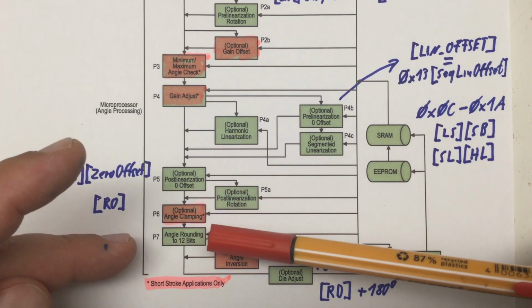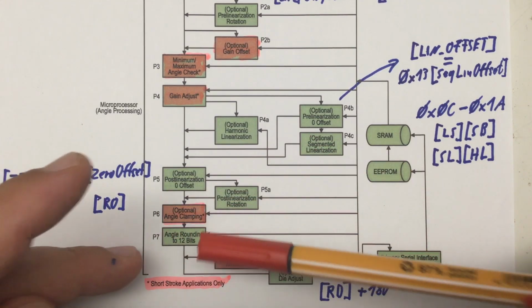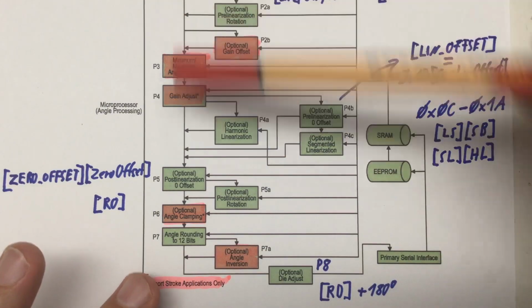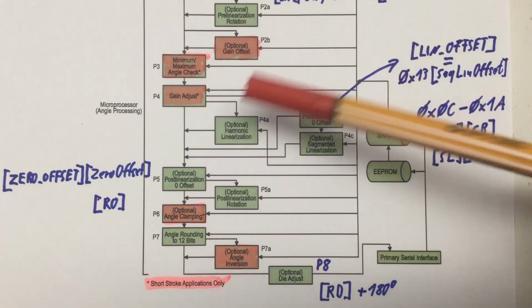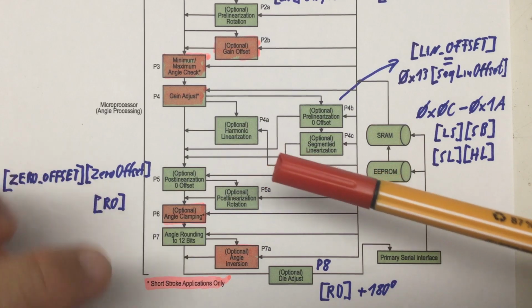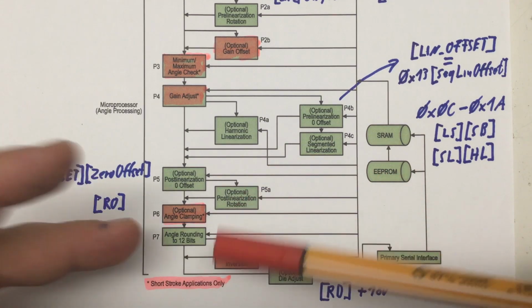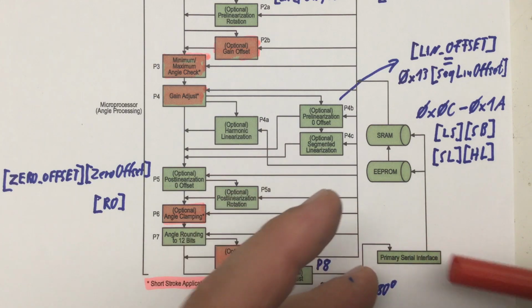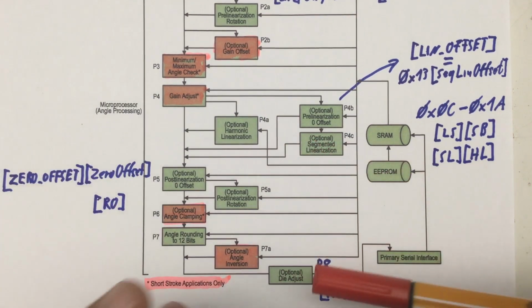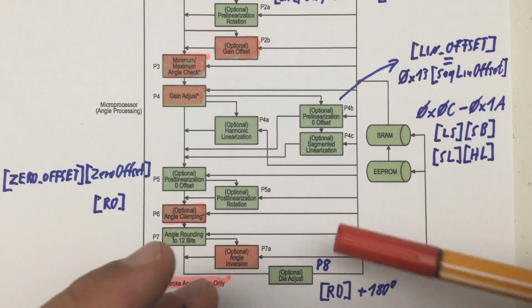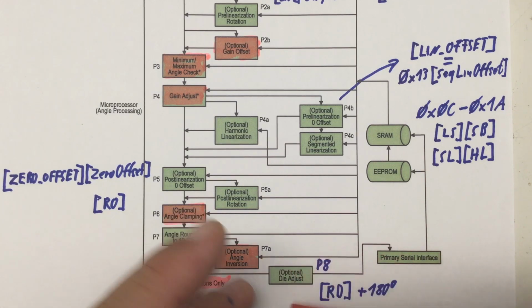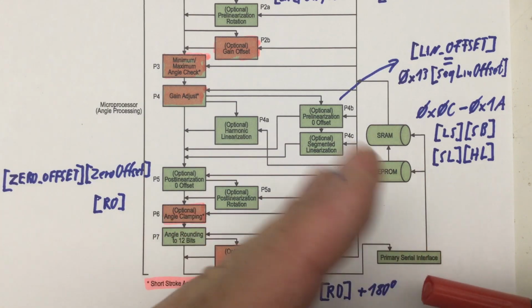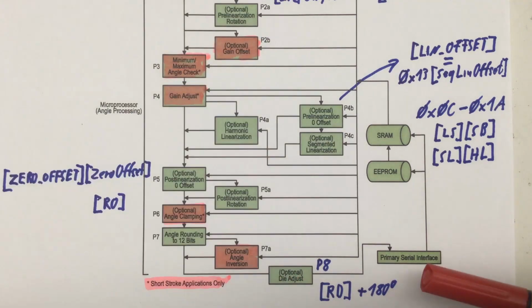Finally, that's fixed: the angle is rounded to 12 bits. Up to here, I think we're calculating with a 16-bit value. That 12-bit value is what you actually get in the primary serial interface and the primary register. And finally, we have another flag where we can add a 180-degree rotation to the whole output.